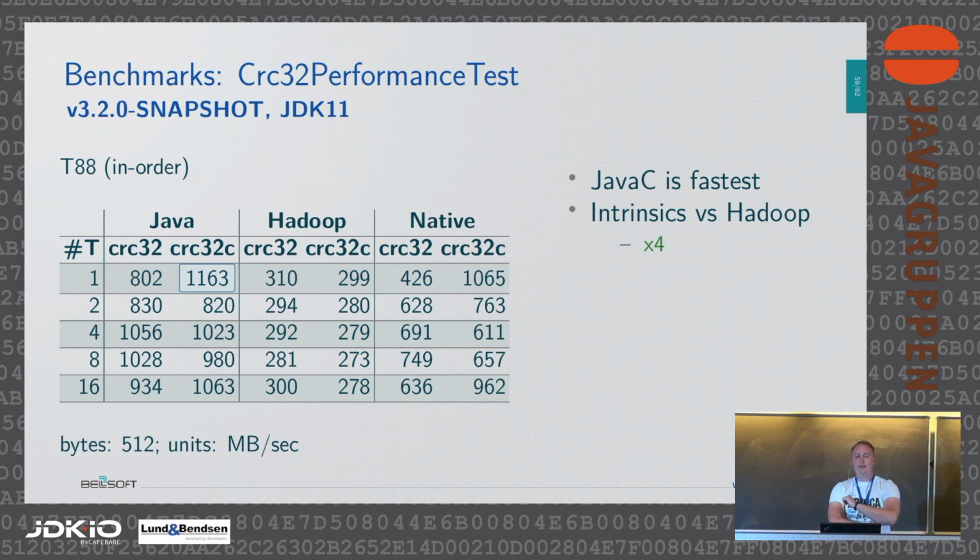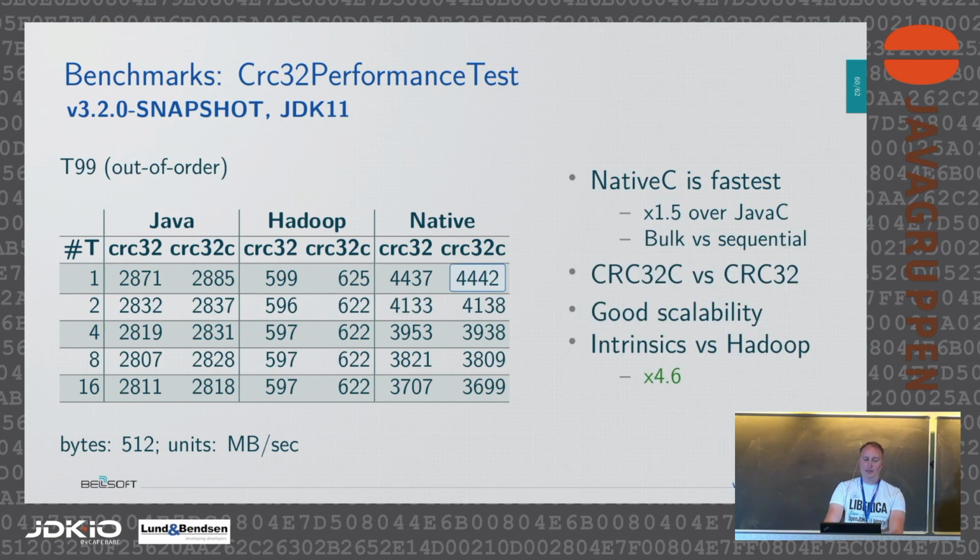So the next one is KVM ThunderX. Here we beat all implementations with our Java implementation, and particularly pure Java by like 4x, which is great. But still, if you don't have any options, use the native library implementation, it's good enough.